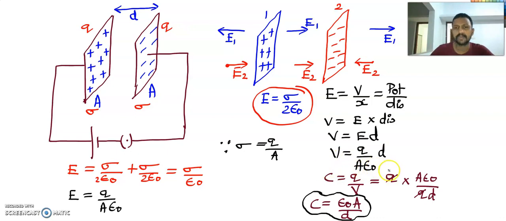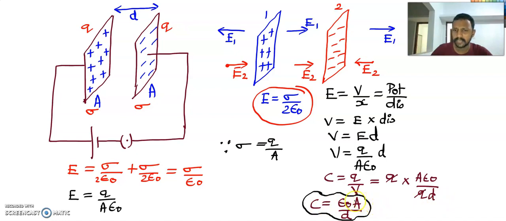And if we know the value of potential, we could substitute it in the basic expression of capacitance, C is equal to Q by V. We take the reciprocal of V, that is A epsilon 0 divided by QD. Q and Q will get cancelled. C is equal to epsilon 0 A by D.